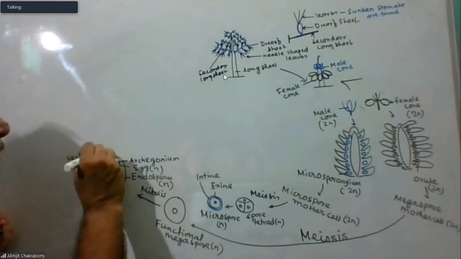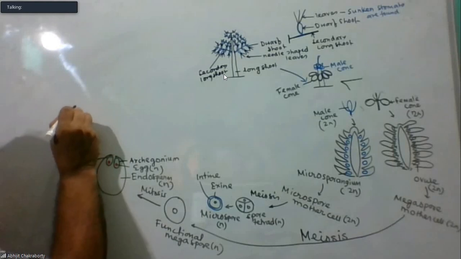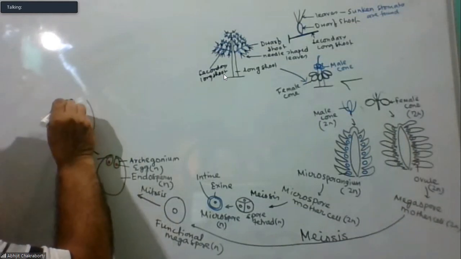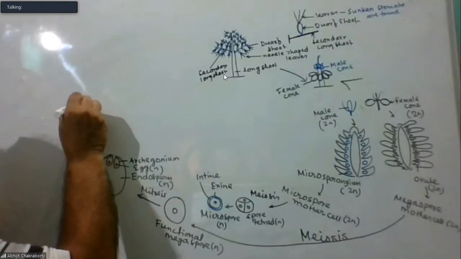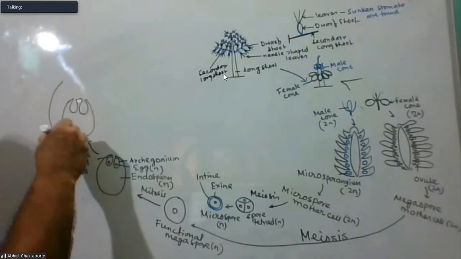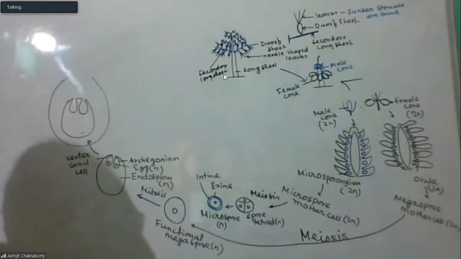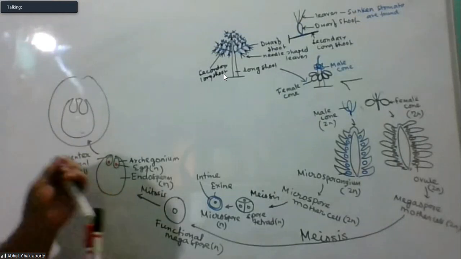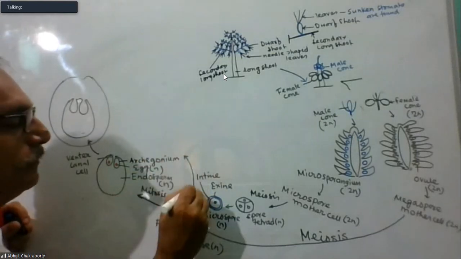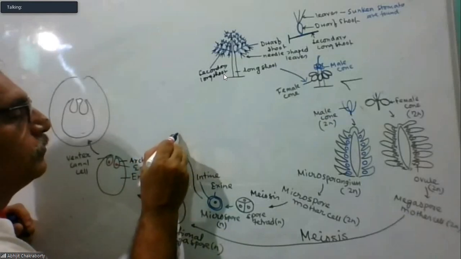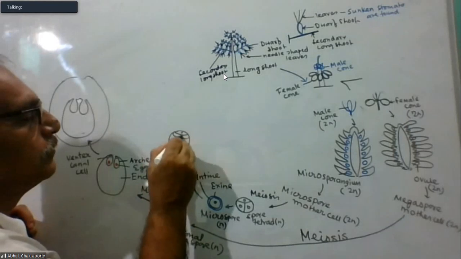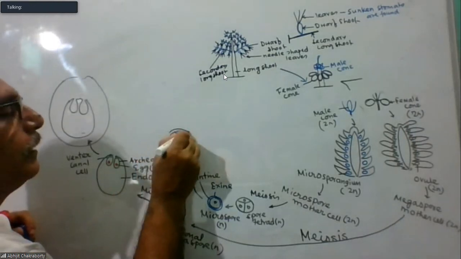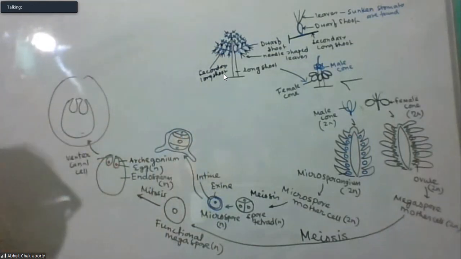Eventually, this is the ovule. Here you will get the pollen chamber, and in the meantime, the outer wall of the pollen grain you can flatten to form winged pollen grain.